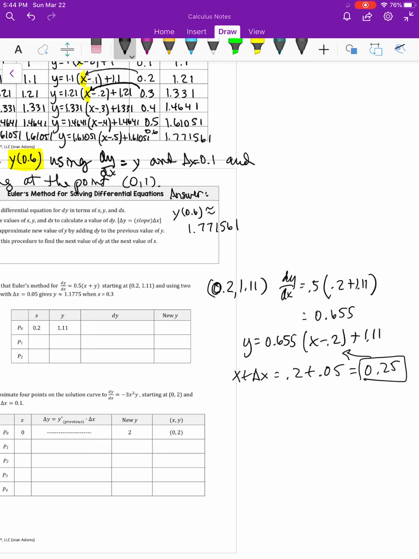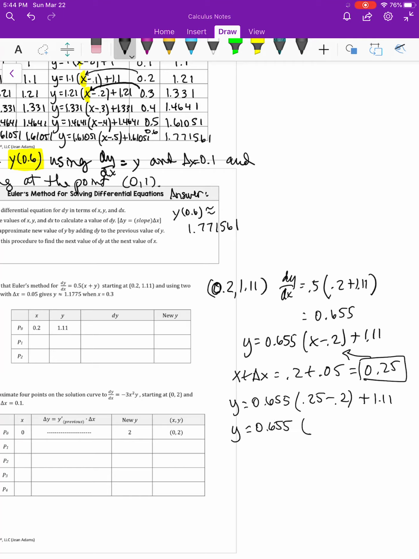So you're putting your next x value into your prior point's equation to find your new y value. So we would say that our y equals 0.655 times 0.25 minus 0.2 plus 1.11.